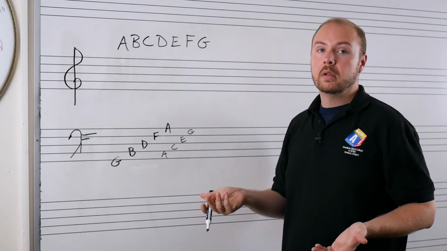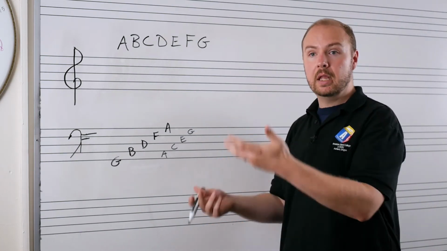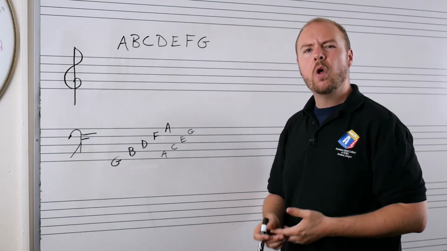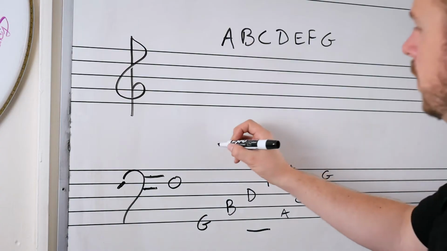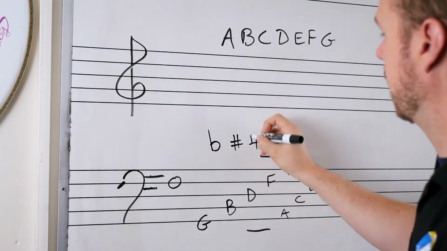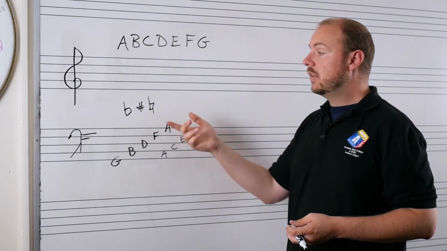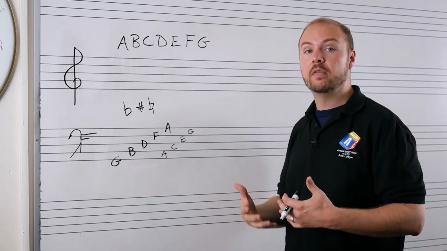There are only, like I said, 7 letters or 7 notes in the musical language. Those notes can be altered, and you may see symbols like this. These symbols are modifiers to the notes, or specifically the sound of that note.